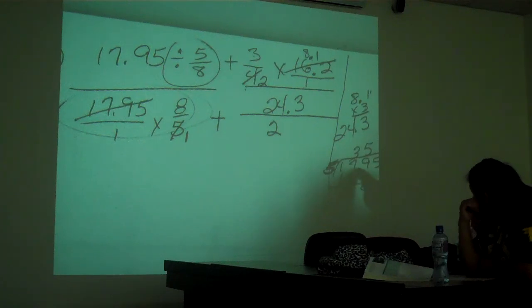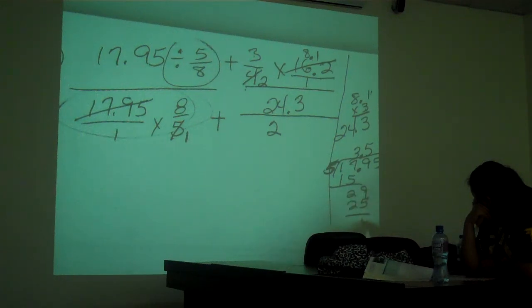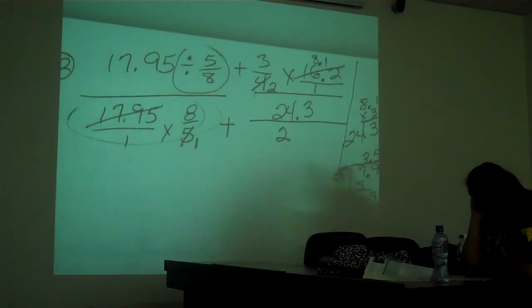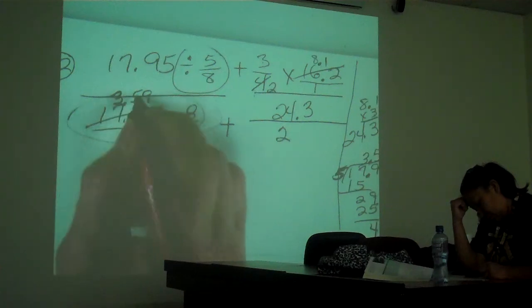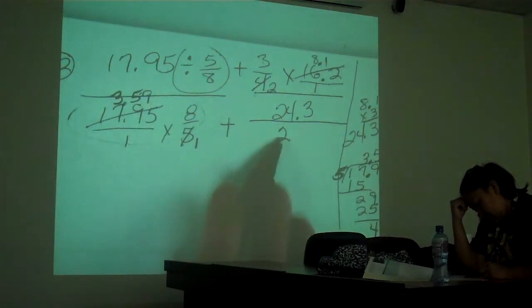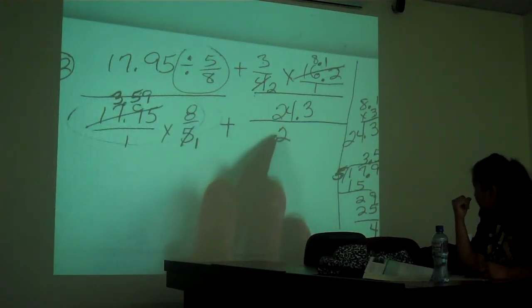We need to bring that decimal up so we don't forget it. 5 times 5 is 25. Subtract is 4, bring the 5 down. 5 into 45? 9. Okay, so 5 will go 23.59 times. That'll keep us from having to divide it later, like we're going to have to do with this one.